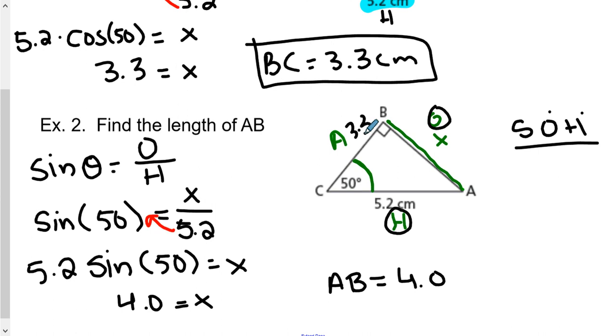Or if I had the adjacent side, I could have used the tangent ratio. I wanted to know the opposite, and I technically have the adjacent from the work I did in example 1. If at all possible, we prefer to use the numbers given in the equation, because if we use numbers we've already found and we made a mistake in the first part, that mistake's going to follow us into the second. Okay?